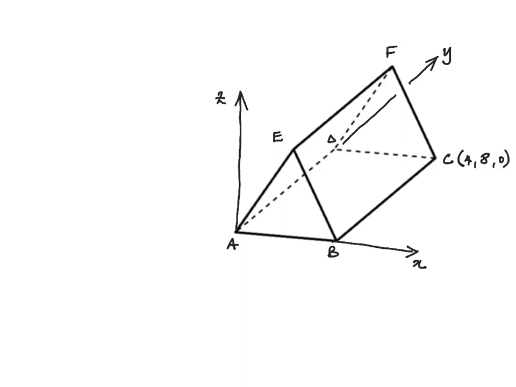And the height of the prism is 5. The last piece of information you need is that triangles AEB and DFC are isosceles triangles. That should give you all the information that you need.